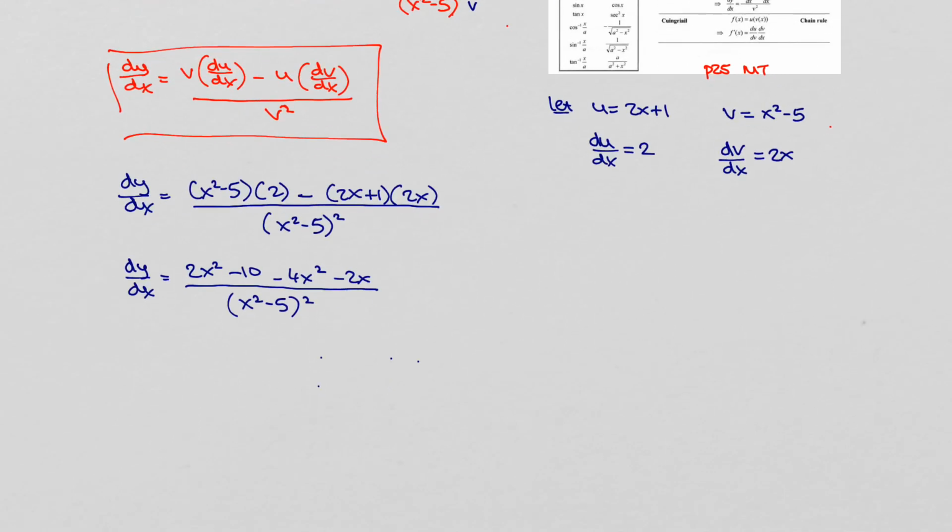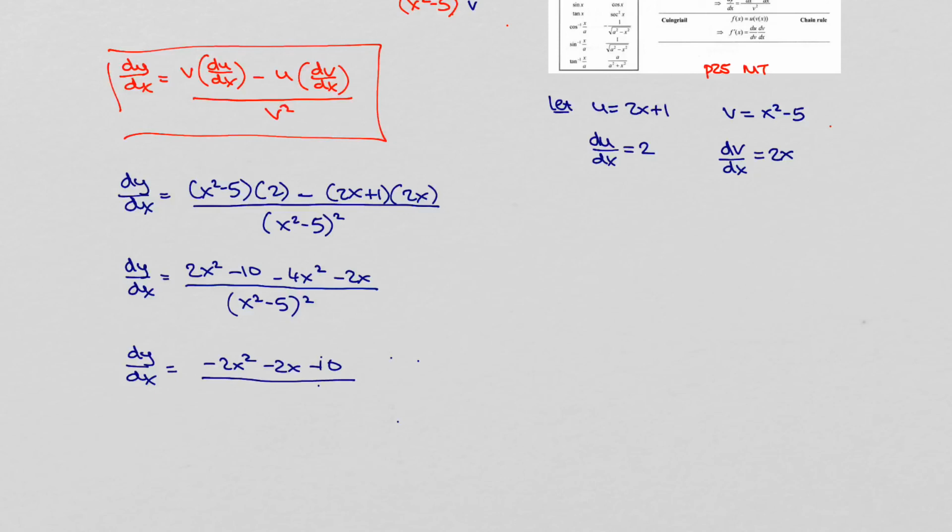So tidying up that top line there, we have dy dx is equal to minus 2x squared minus 2x minus 10. And on the bottom, x squared minus 5 to be squared. So our derivative is minus 2x squared minus 2x minus 10 over x squared minus 5 to be squared.